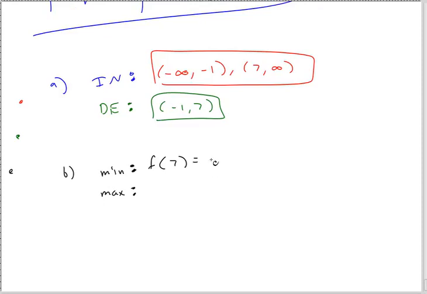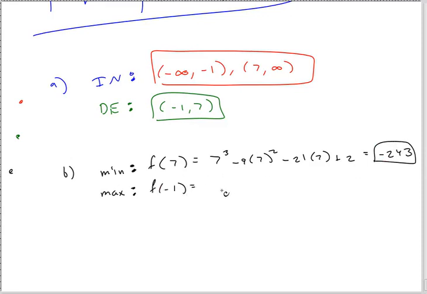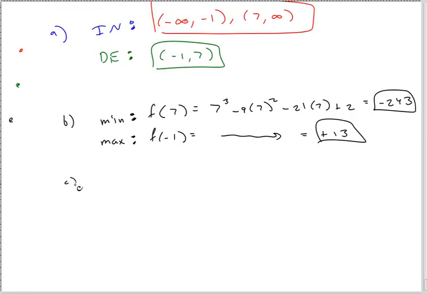And so that would be 7 cubed minus 9 times 7 squared minus 21 times 7 plus the 2. Calculator. Negative 243. F of -1, plug it in the same, and you get a positive 13. So you plug it in, use a calculator, of course.